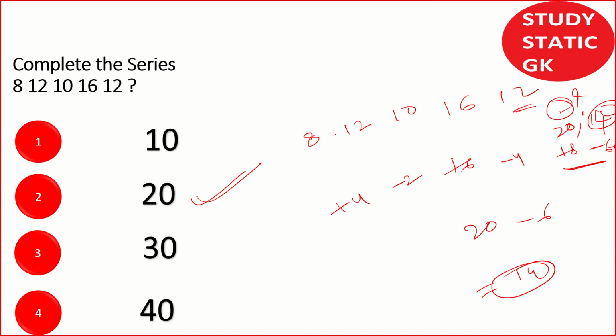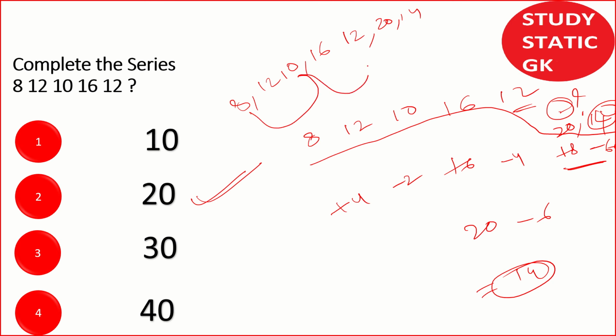So you can see this series is a dual series. See here 8, 12, 10, 16, 12, 20, 14. Here 8, 10, 12, 14, and here 12, 16, 20. So plus 2 in one series, plus 4 in the other series.